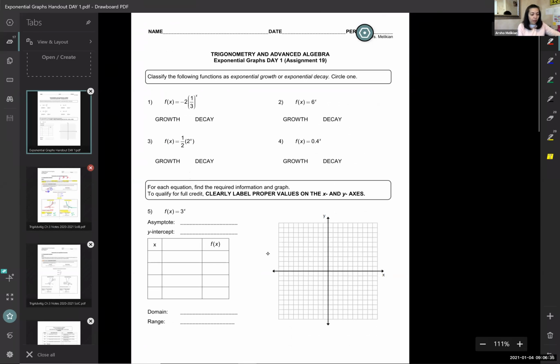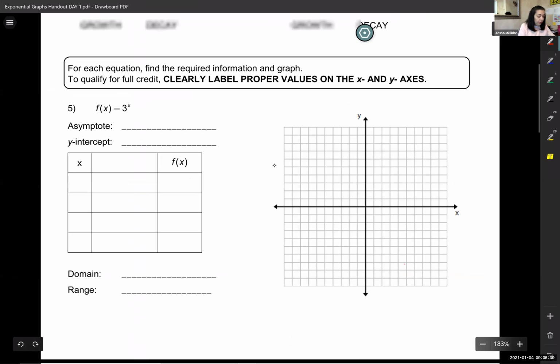So first you have to figure out whether something is growth or decay. Here though, I've got basically the same setup. You should choose the x values based on whether it's growth or decay. And here, I haven't put in the values for the x-axis because I want you to do it yourself.